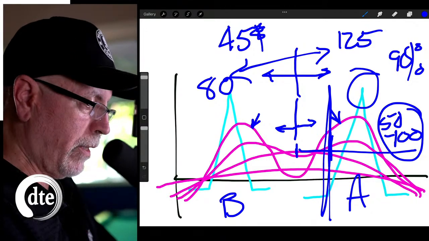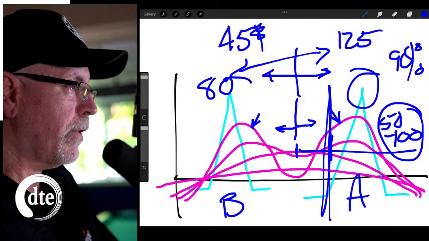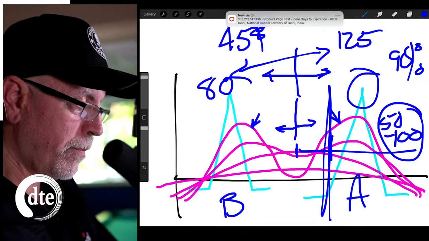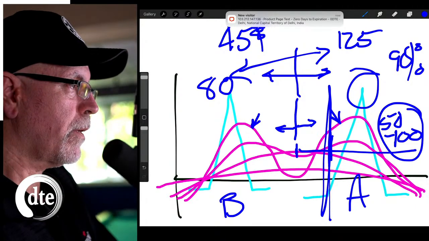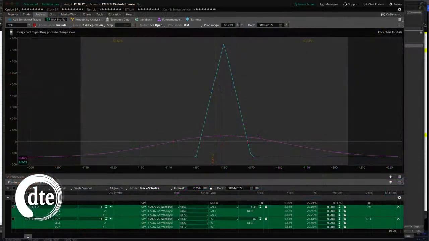All right, let's go back to the chart. So here's the A trade. Interesting thing. The profit curve is acting pretty nice today.